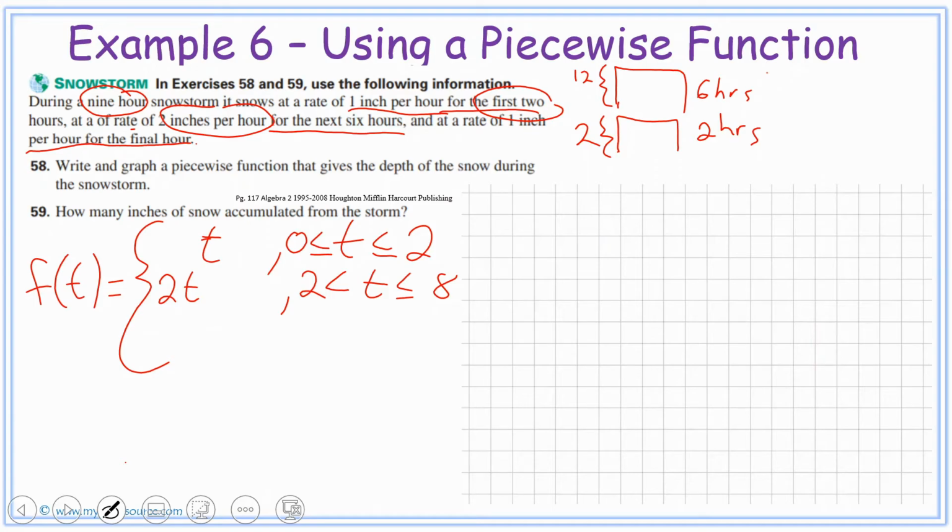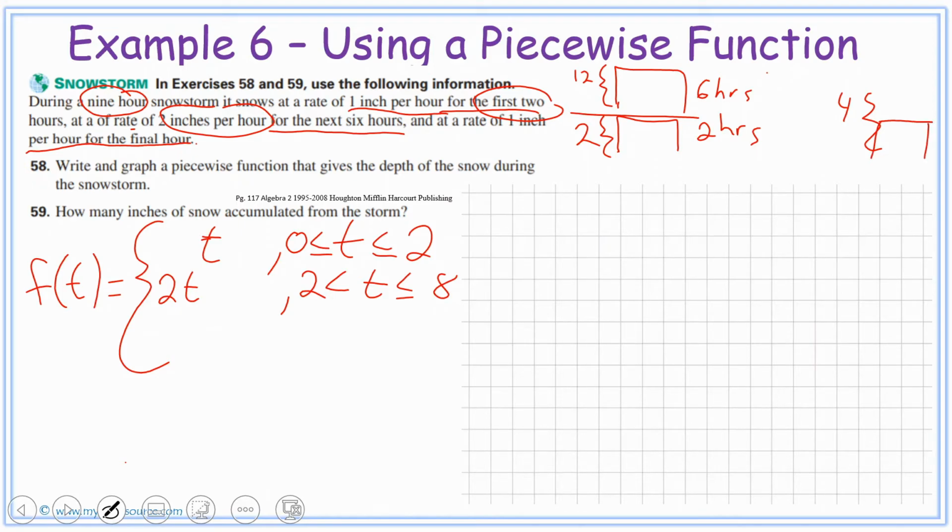What I'm really starting at is I'm starting at where 2 is. And so I have to actually subtract 2. For instance, let's say I had 4 inches of snow. That's not 4 inches of snow at 3 hours, right? What happens is I'm going to have to take away the 2 inches of snow that is already there.